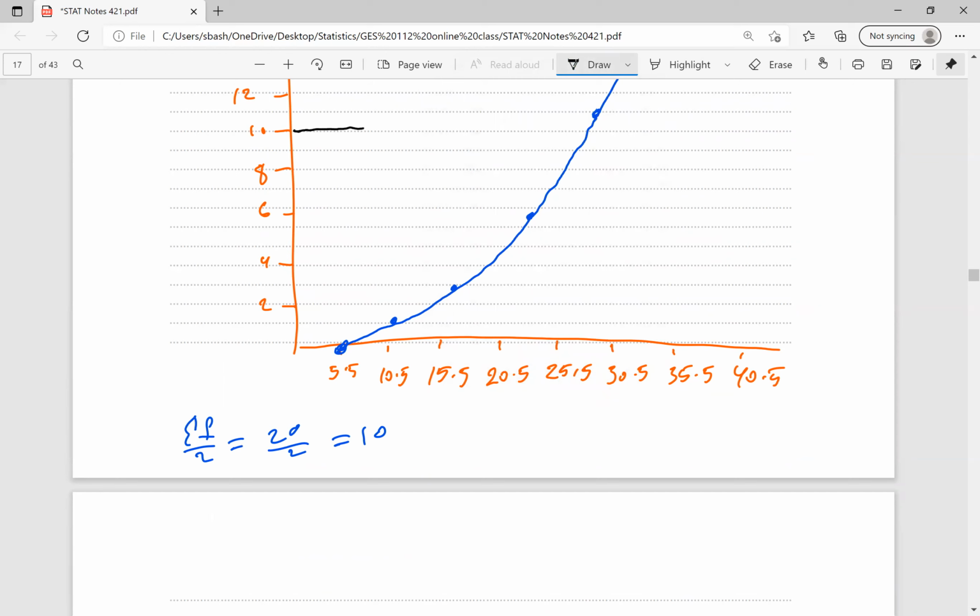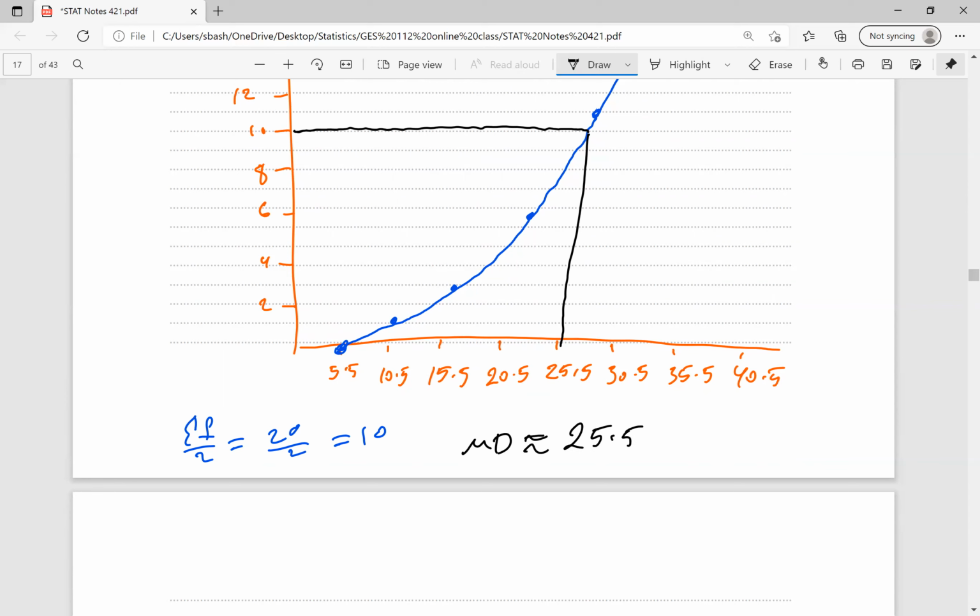Go horizontal and see where it is intersecting the graph of the ogive. And you will find, if you go down, about 25. So the median is approximately equal to 25.5.